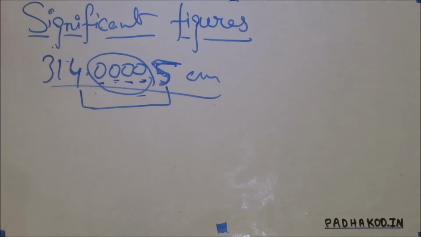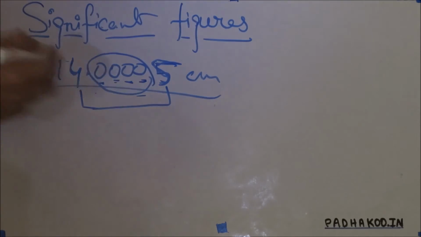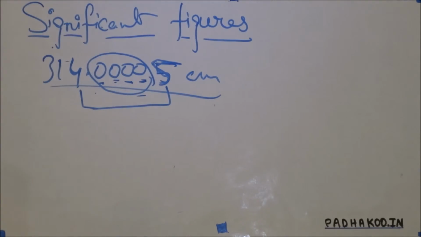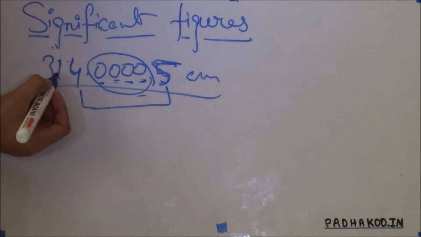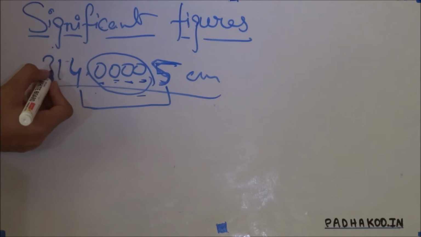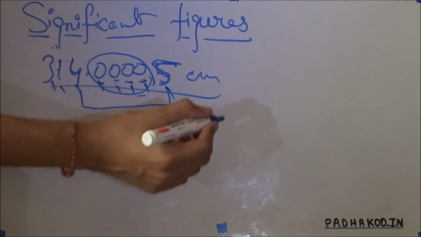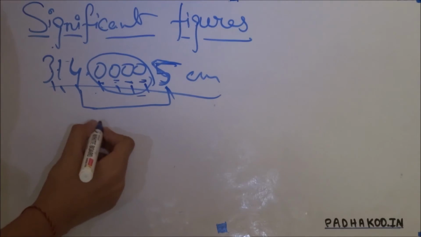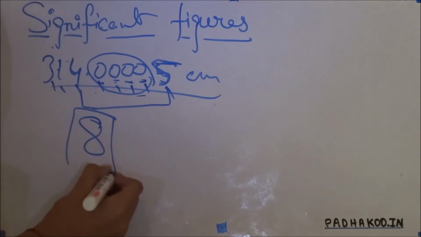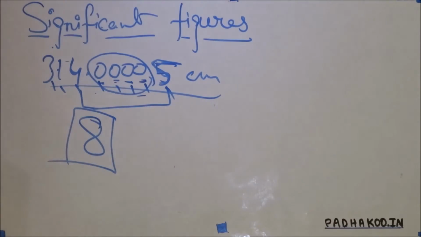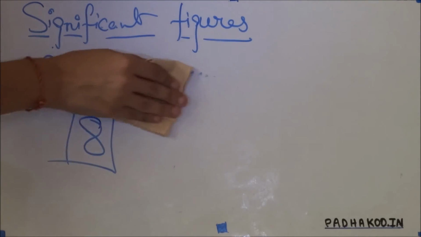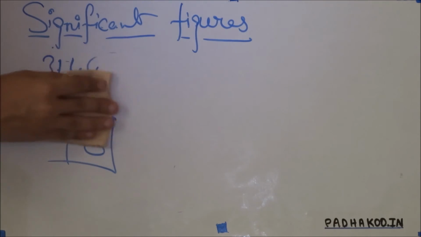So if there are zeros between 2 non-zero digits, then these zeros are considered to be significant. The number of significant digits here is 1, 2, 3, 4, 5, 6, 7, 8. So our answer is 8. Between two non-zero digits, zeros present are considered significant.